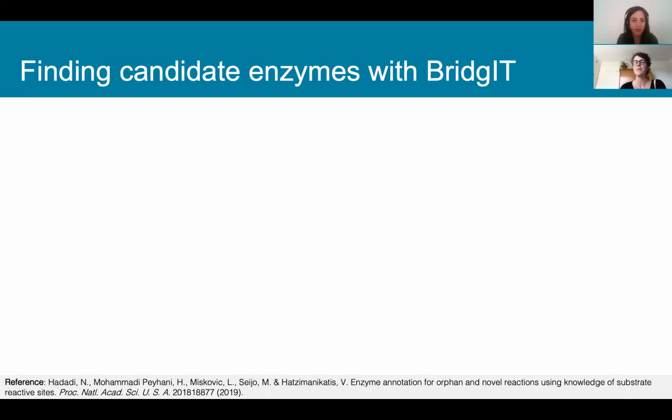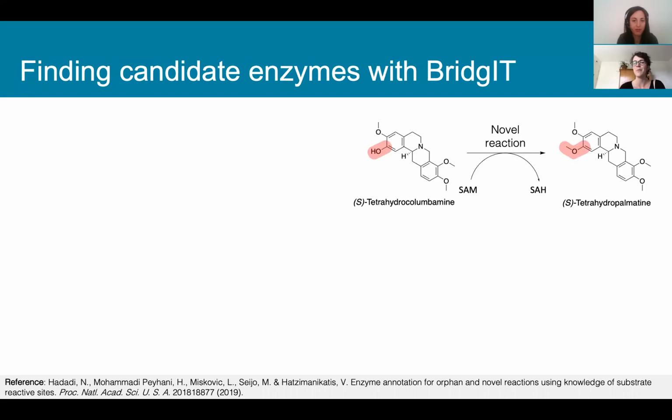So the basic assumption of BridgIT is that structurally similar reactions can be catalyzed by the same enzymes through enzyme promiscuity. So here we have the predicted reaction, which is novel. So we don't know which enzyme can catalyze it. And you see here what is happening.